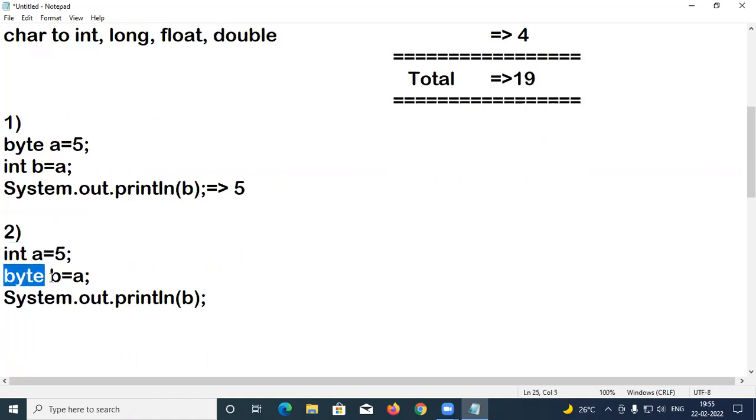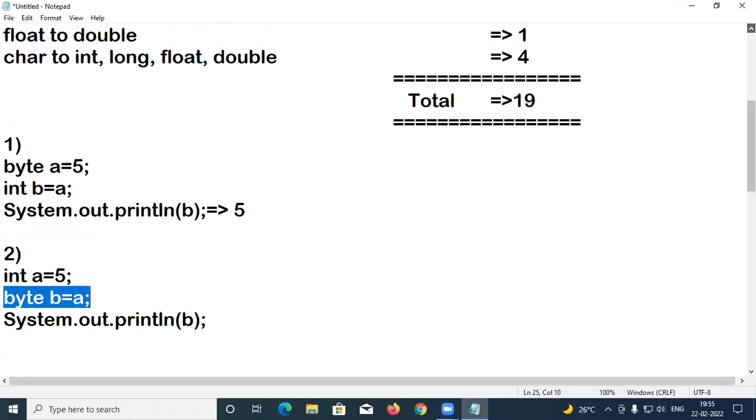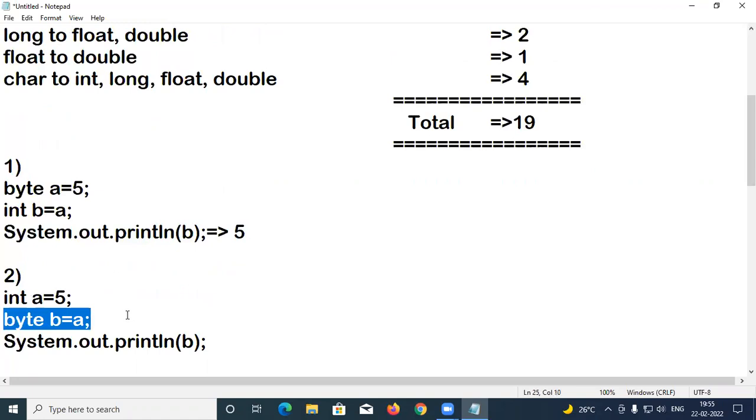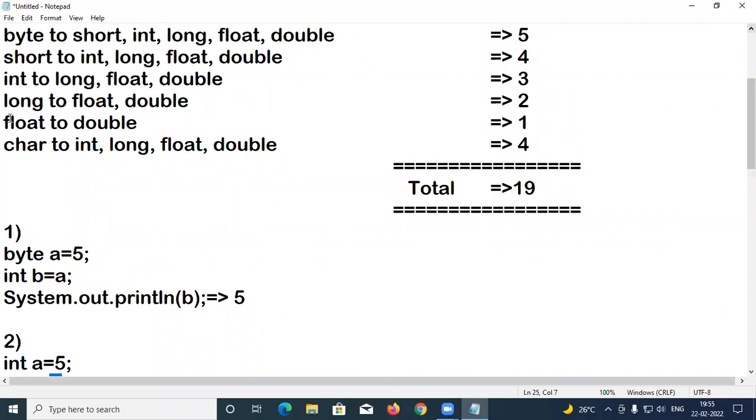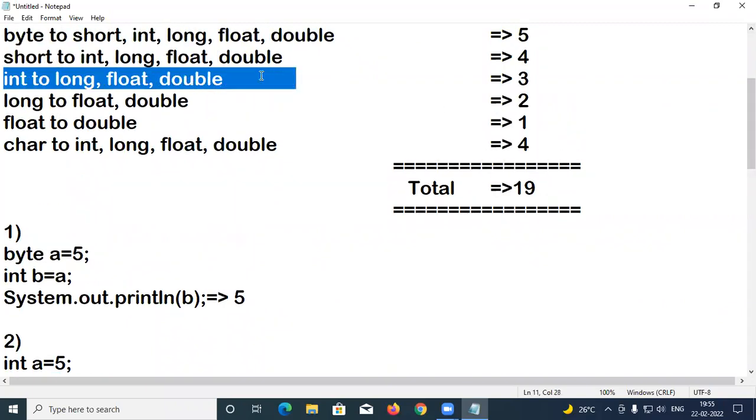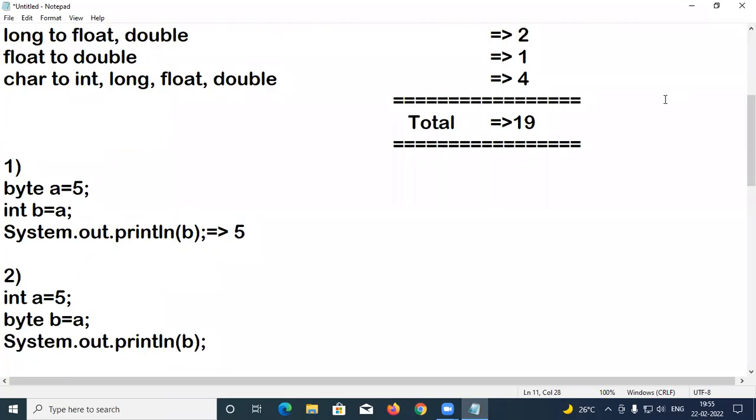Byte type. So it is int to byte. Does it come under the 19? No, it comes under the 23.